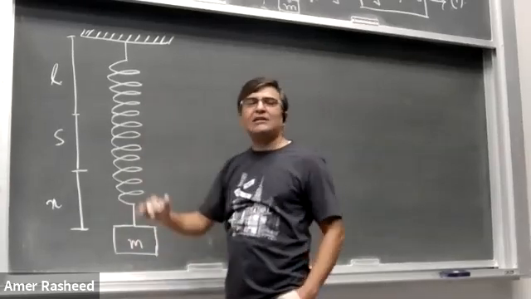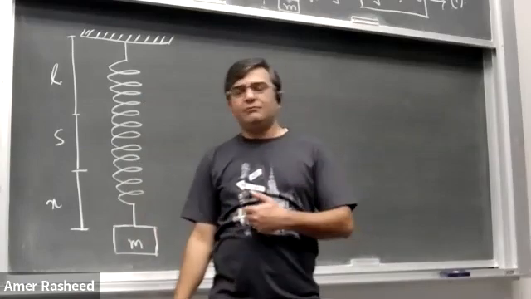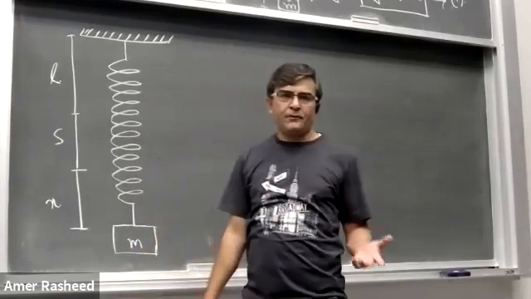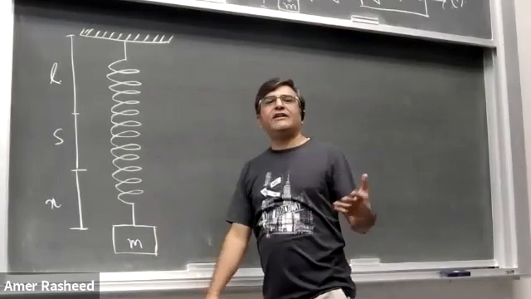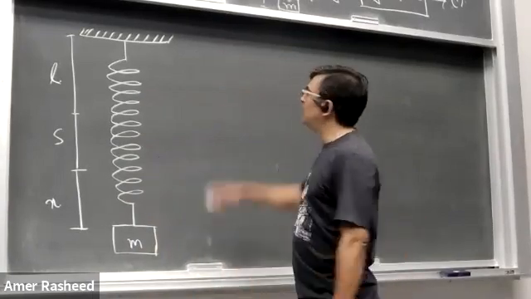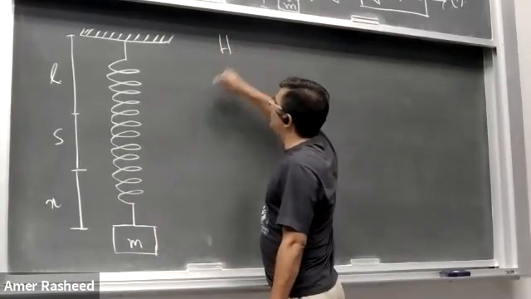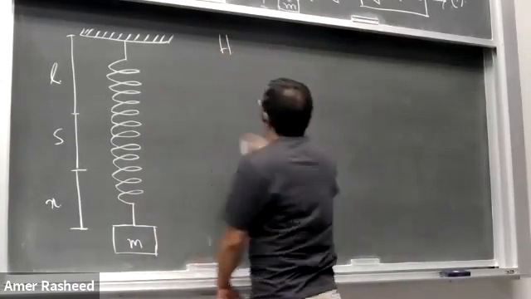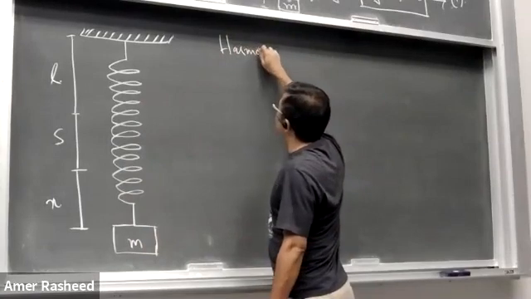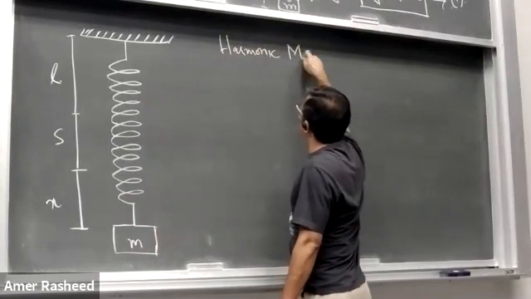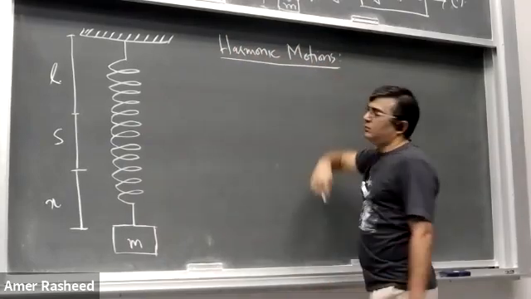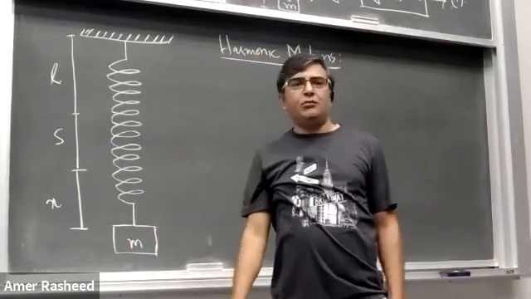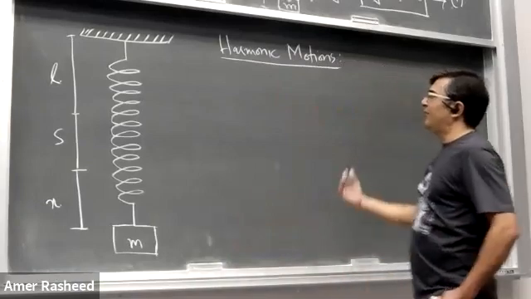This mass will start oscillating, and there will definitely be a to and fro motion, which we call harmonic motion or simple harmonic motion. All the to and fro motions are simple harmonic motions, forward and backward.